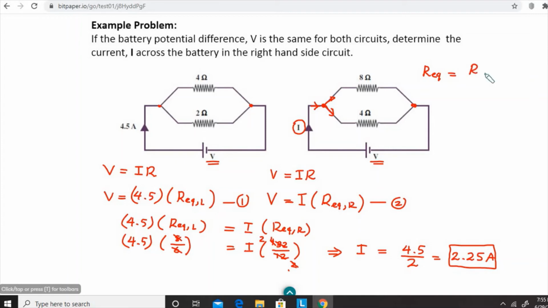You simply multiply the two resistors, R1 and R2, divide that product by the sum of R1 and R2, and that's how you get the equivalent resistance when two resistors are in parallel. This only works when two resistors are in parallel, so keep that in mind.